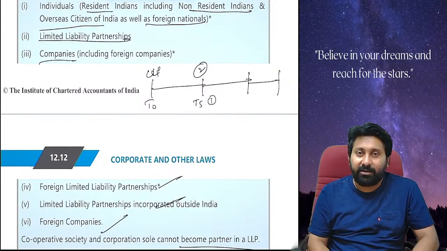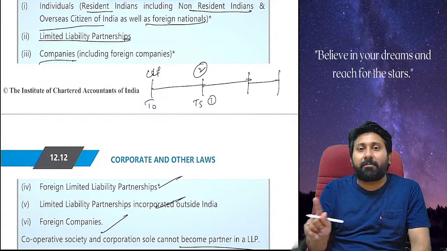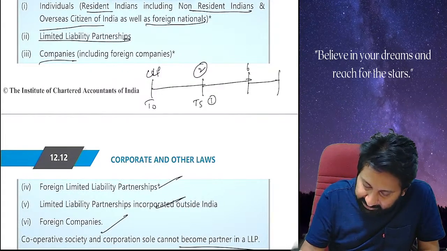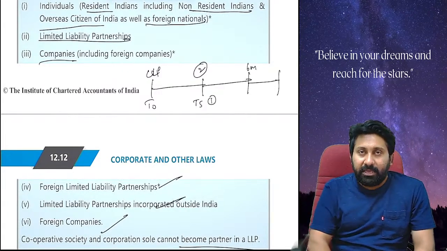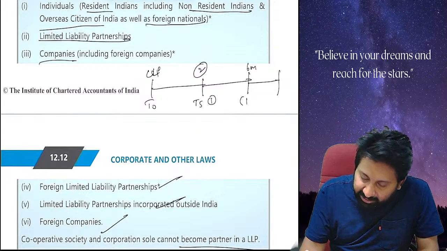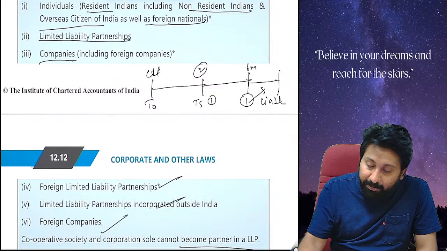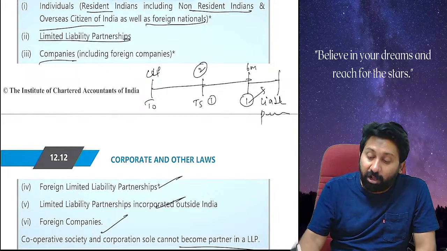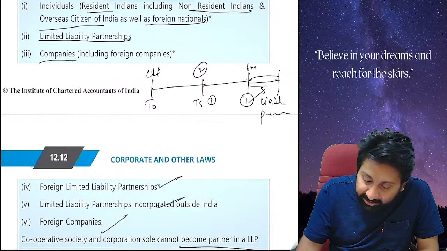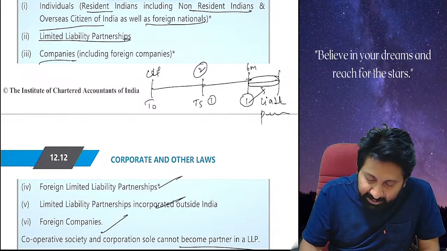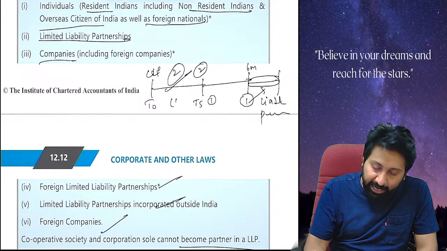Law said that you can continue like that for a period of 6 months. So the 6 months period is also over. Even after 6 months, still there is only one person. That one person will become liable personally for all the debts incurred during this period only. Means during this period two partners are there, LLP liable.